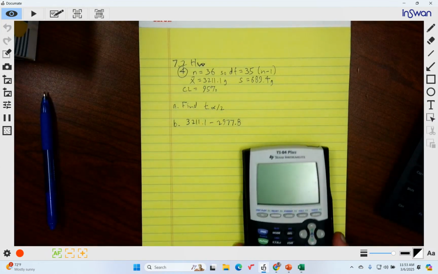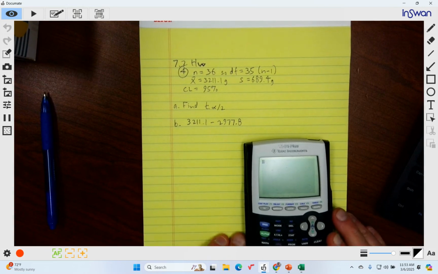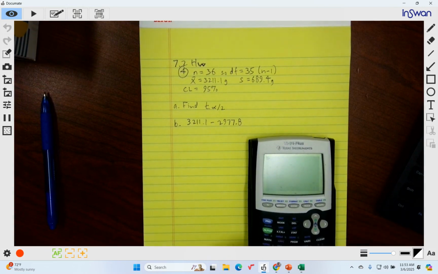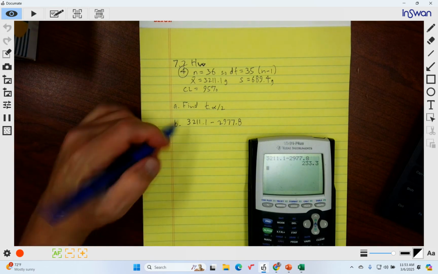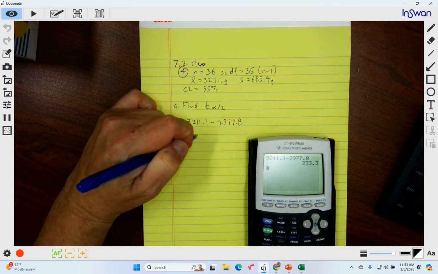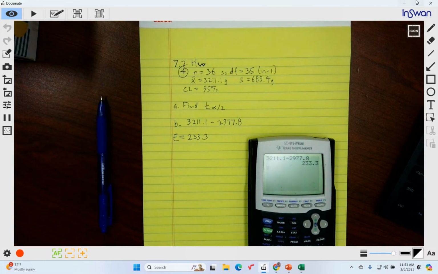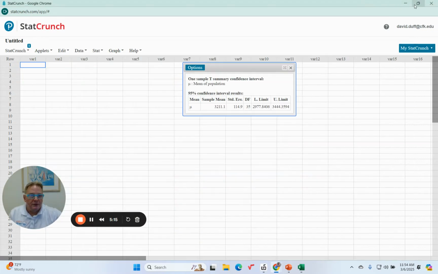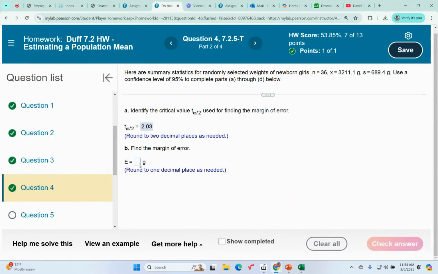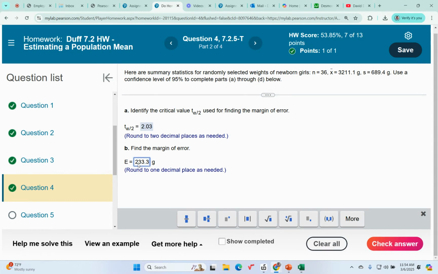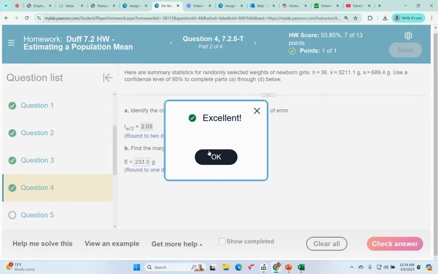If I take my calculator and type in 3211.1 minus 2977.8, that will give us a margin of error of 233.3. So the margin of error is equal to 233.3. I'll go back to the problem and input 233.3. Hopefully we don't encounter a rounding error.